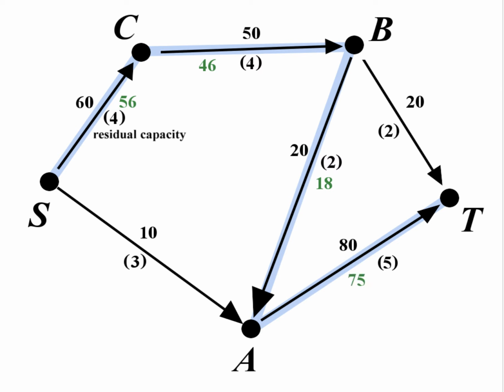So this blue augmenting path can tolerate more snails. We will now look at how many more snails can be sent along this path, and that's the smallest of these numbers, which is called the tolerance of the augmenting path.